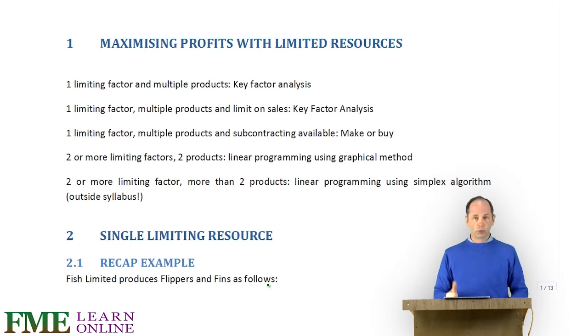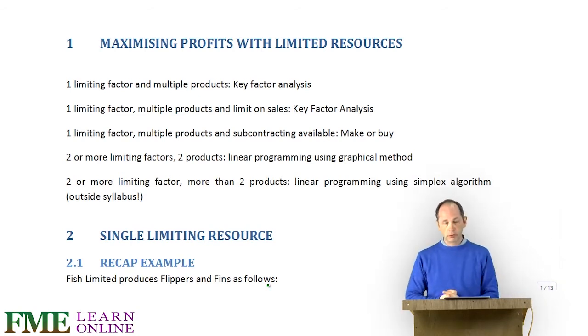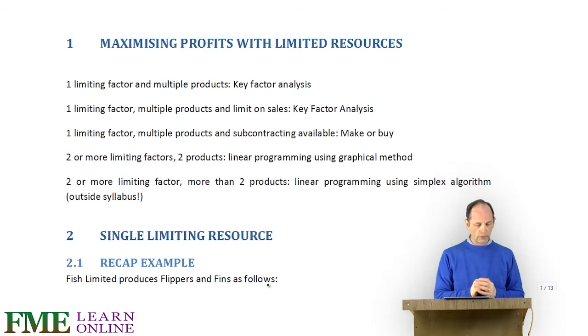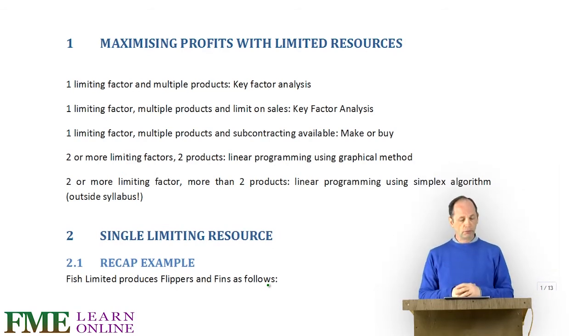So if we've got just one limiting factor, like say material or labour, or something like that, and multiple products, 5 different products, then we can use key factor analysis or limiting factor analysis, as we've looked at in another video, in order to decide how to maximise our profits.